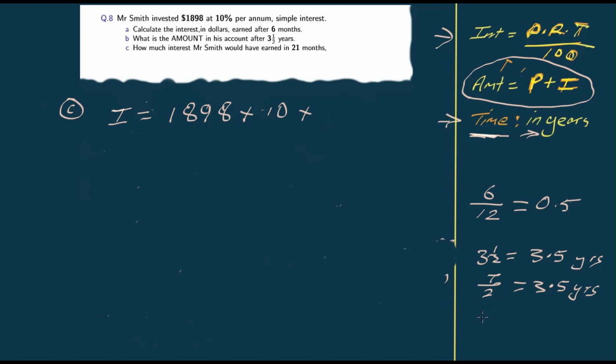So 21 months will be 21 over 12. Why 12? Because 12 months make 1 year. And 21 over 12 gives us 1.75 years. So that is what we will put here, 1.75 years, all over 100.